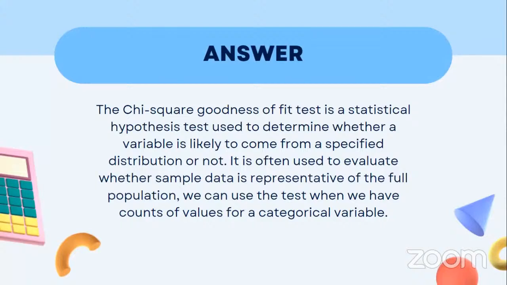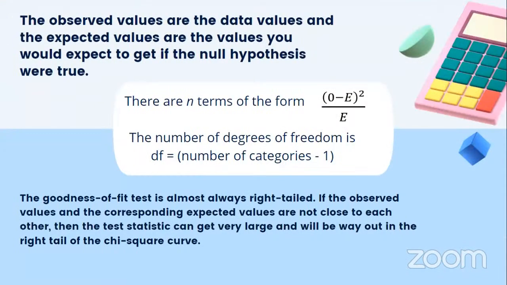We can use the test when we have counts of values for a categorical variable. The observed values are the data values, and the expected values are the values you would expect to get if the null hypothesis were true.